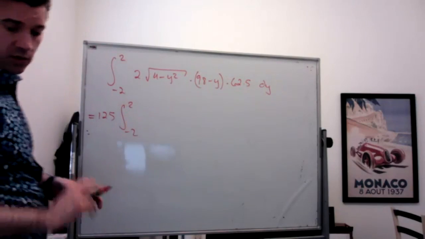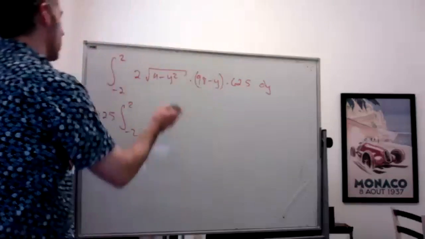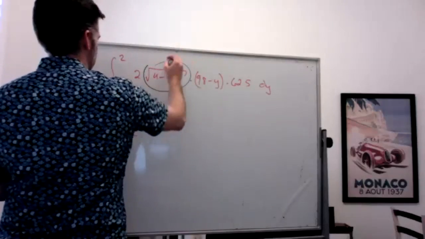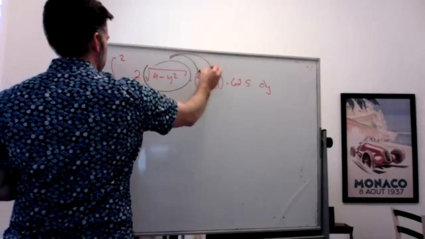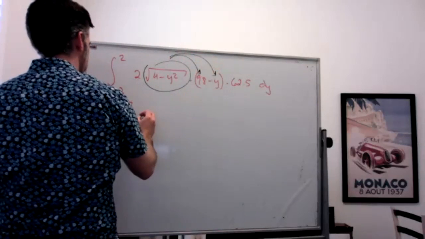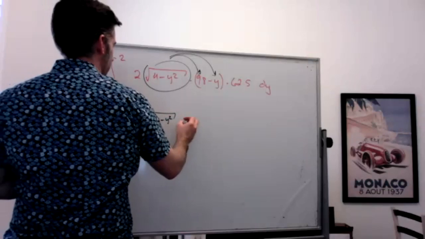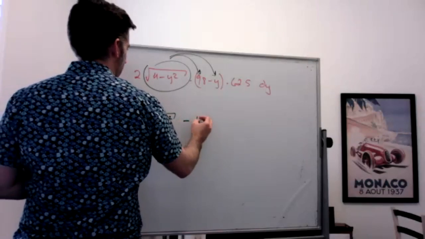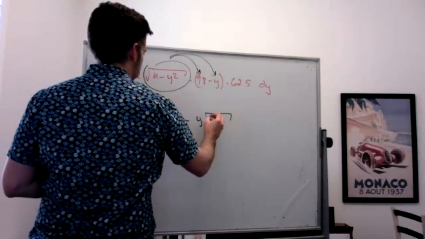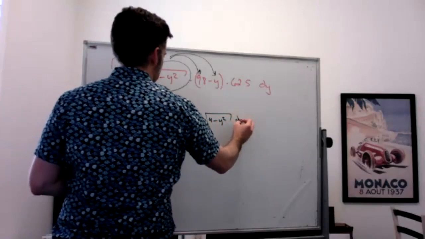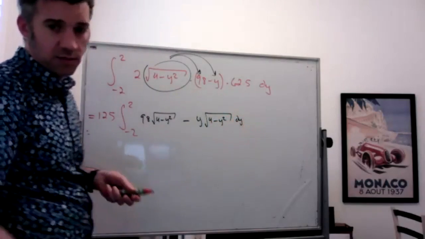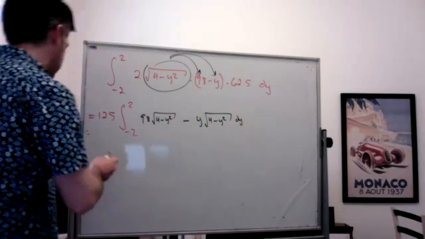And let's distribute this square root of 4 minus y squared to 98 and to y. 98 times the square root of 4 minus y squared minus y times the square root of 4 minus y squared. And now let's write that as two integrals.